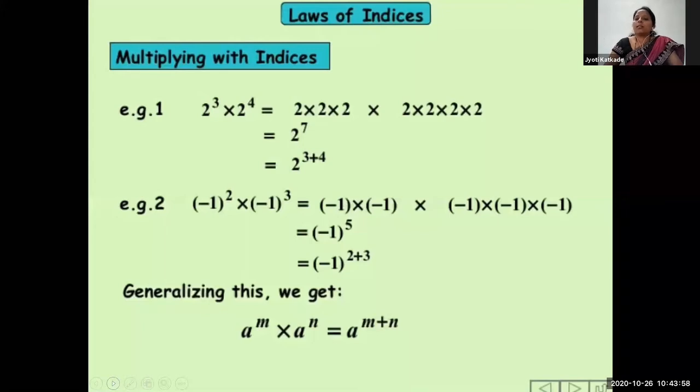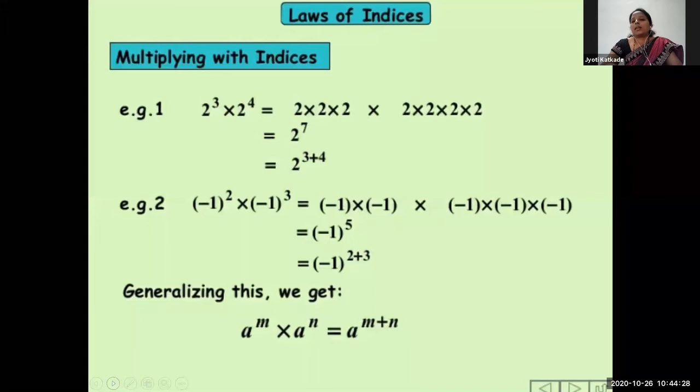According to this rule, see example number one, 2 raised to 3 plus 4. By using this rule we can directly solve 2 raised to 3 into 2 raised to 4 is equal to 2 raised to 3 plus 4. Why? Because the base is same. Base is 2. According to the rule, a raised to m, a raised to n, a is the base and it is same in both.